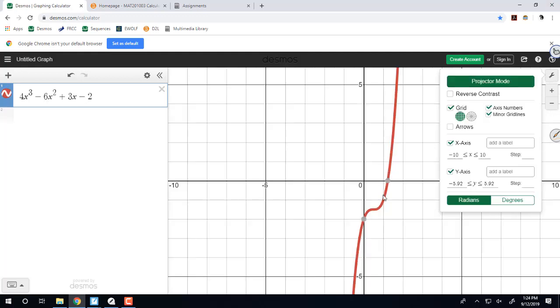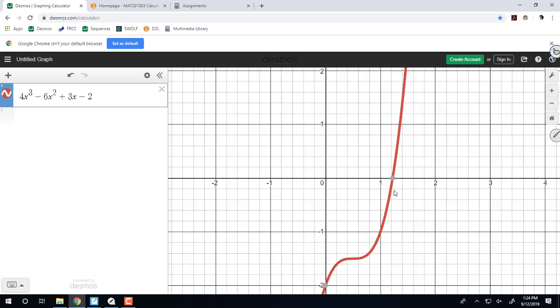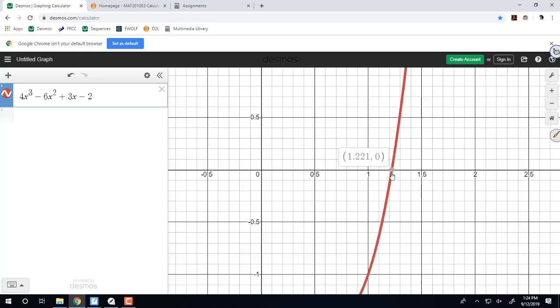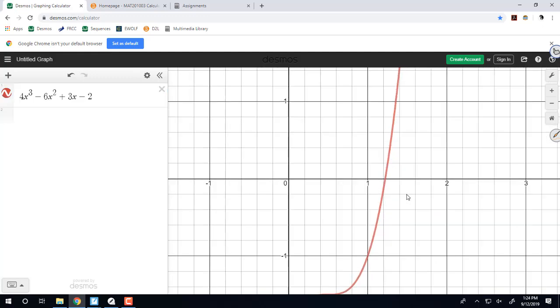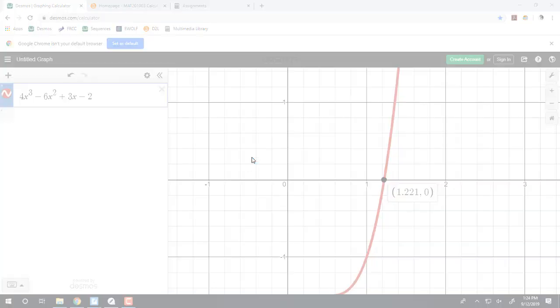Okay, so there's our function. We see that there's a solution where the function equals 0, and we certainly see that in between 1 and 2. We'll zoom in on that. But notice the theorem didn't tell us that the solution is 1.221.